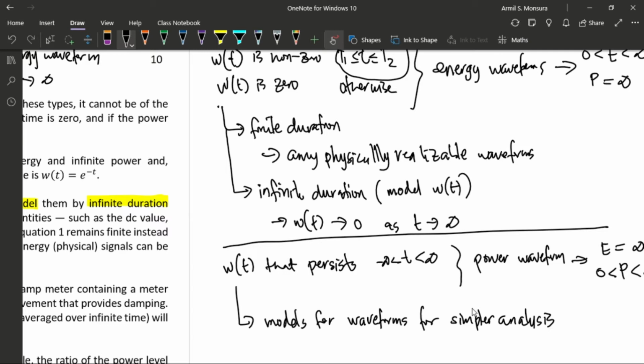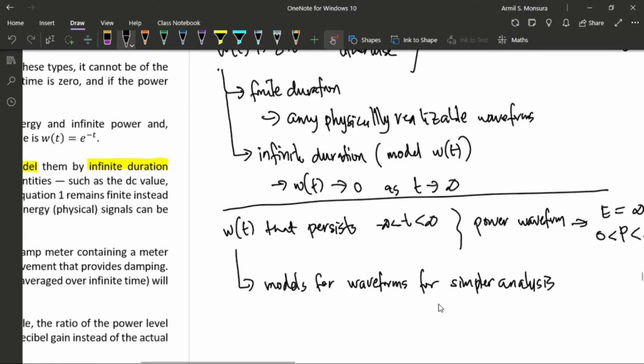If this persists over time, we know that these waveforms are infinite duration waveforms.